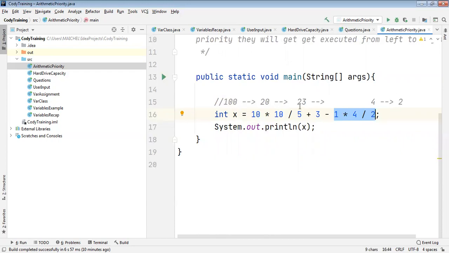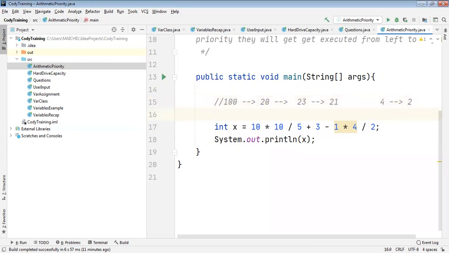So on the left we have 23, and the final operation we should perform is 23 minus 2, which equals 21. So here, our final answer.